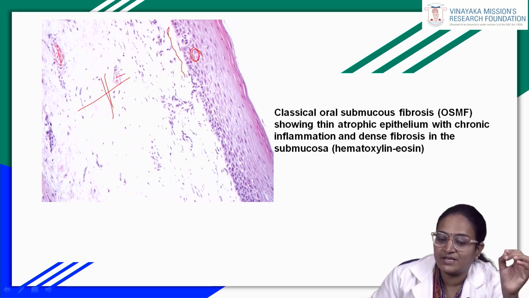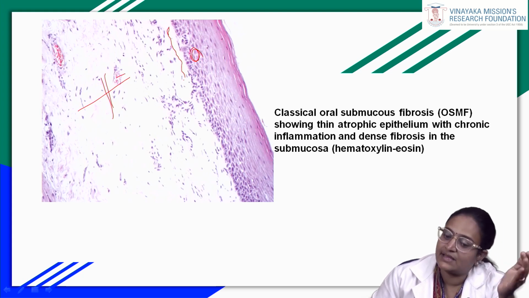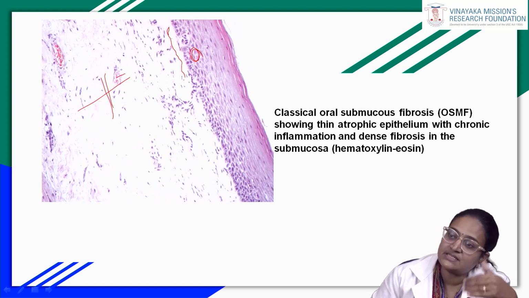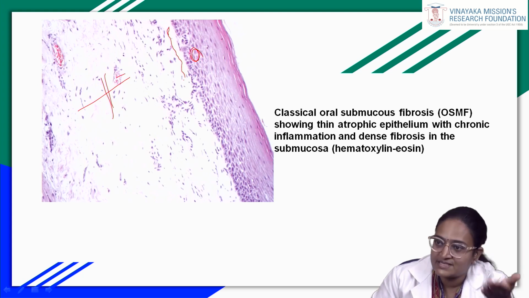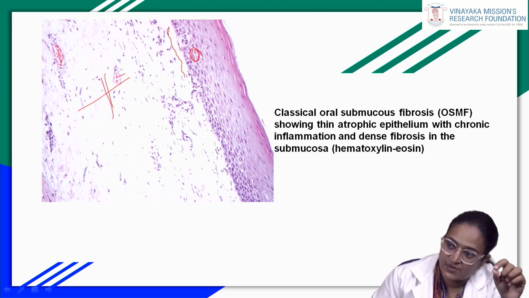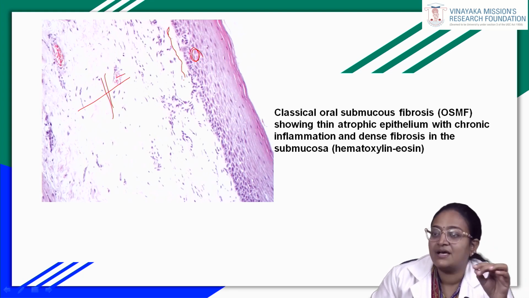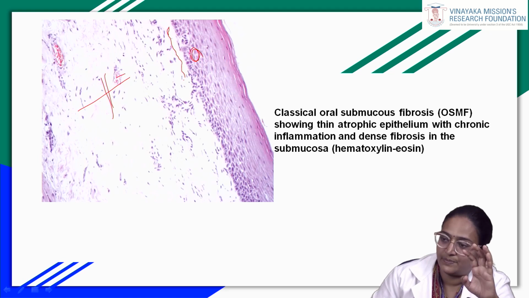So remember, students, in the early stage inflammation and active fibroblasts will be present. In the advanced stage, the epithelium becomes very atrophic, with dense hyalinized collagen fibers and epithelial atrophy.